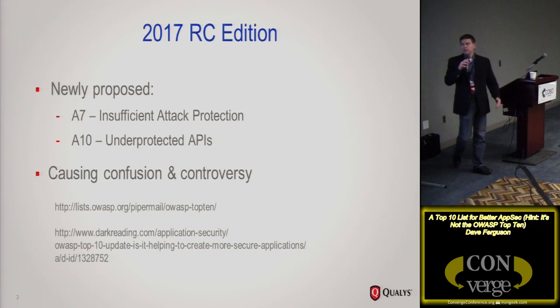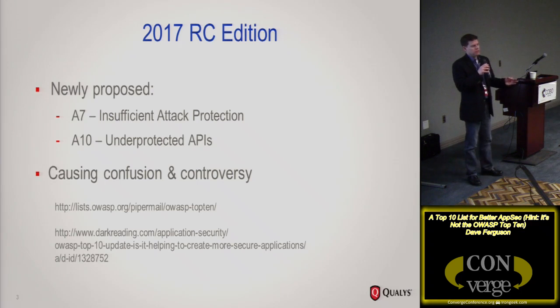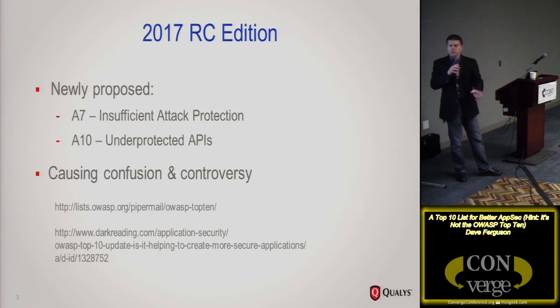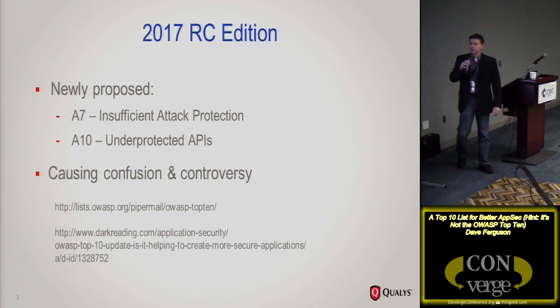And APIs is great as far as protecting them, but essentially, it seems redundant to me because if you're saying that the OWASP Top 10 is just for web applications, you can just say that and say, oh, and also it's for APIs. So you don't need an actual item in the OWASP Top 10 saying also protect APIs. Just my thoughts on it, but we'll see how the final version comes out.